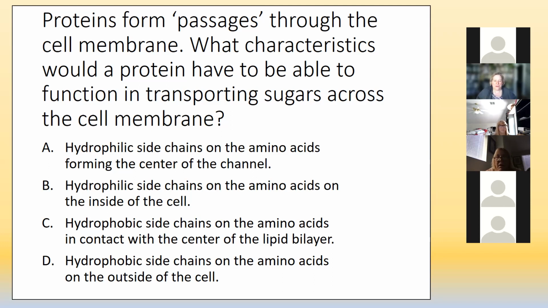Okay, we've got some good voting. Okay, we're almost to 50%.